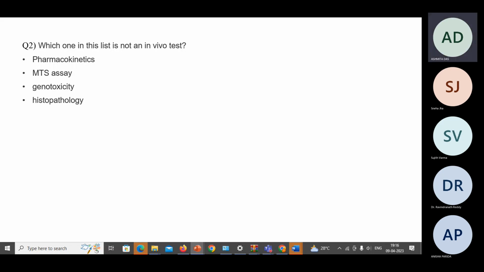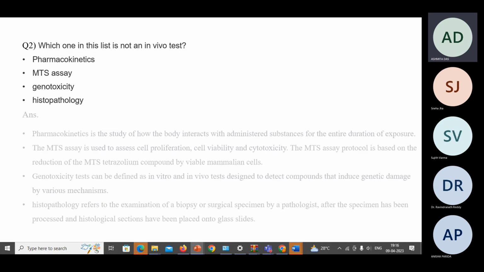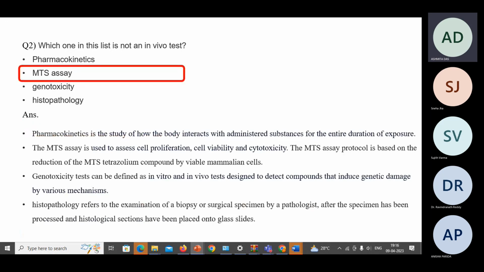So the correct answer here is MTS assay. The pharmacokinetic study examines how the body interacts with the drug administered, for the entire duration of the exposure. The MTS assay is basically used to analyze cell metabolic activity, especially cell proliferation, cell viability, and cytotoxicity.